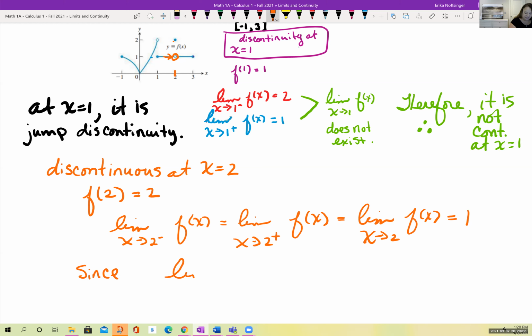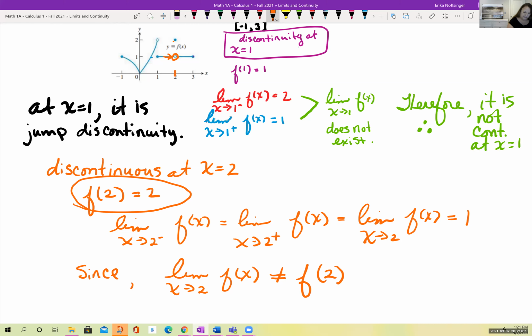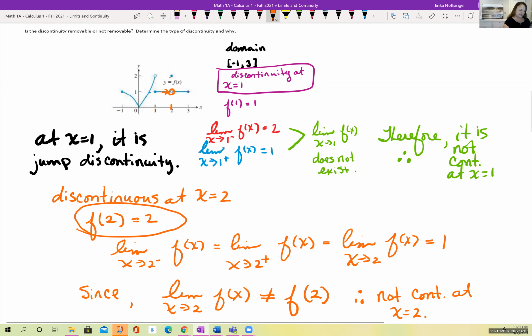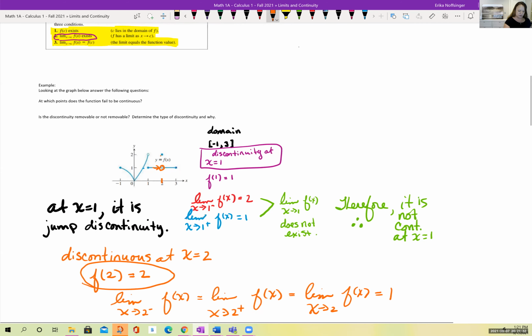But since the limit as x approaches 2 of f of x, notice that this does not equal f of 2. Therefore, it's not continuous. That third condition of the continuity test that we had down there didn't hold true.